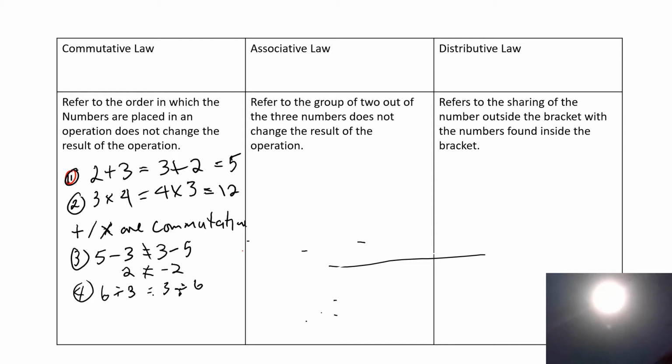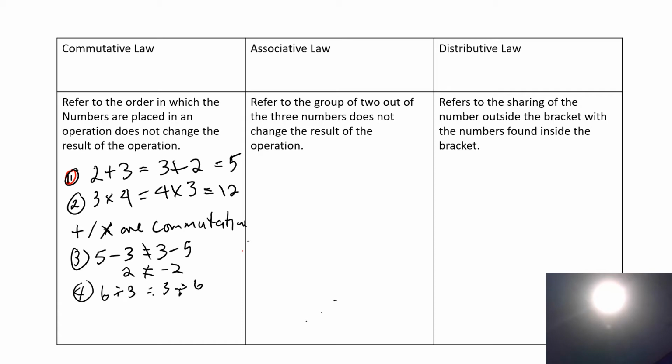So these are not the same. So we can say then that subtraction as well as division are not commutative.